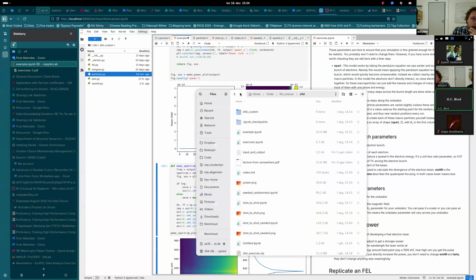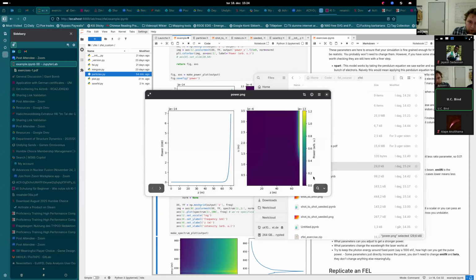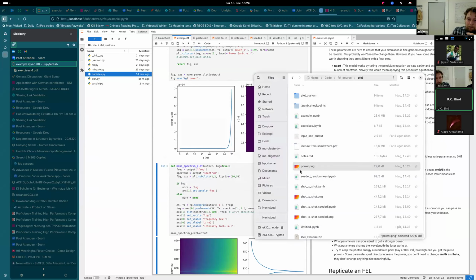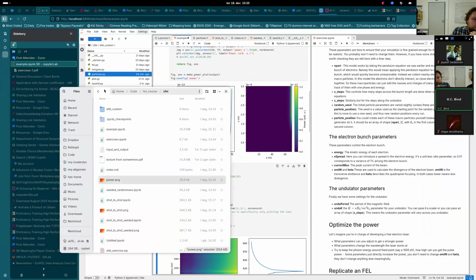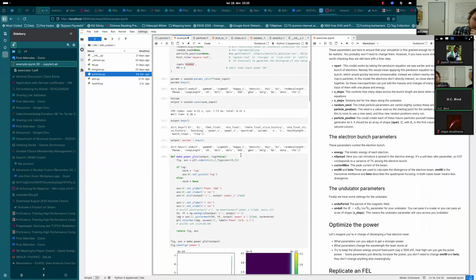Then it automatically generates a file for you. By default it's a PNG, but it's quite versatile. You can do PDFs if you want to put it into a publication.